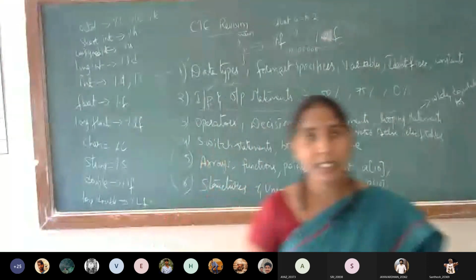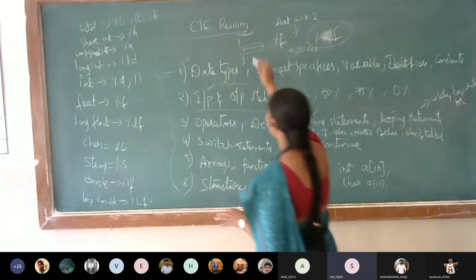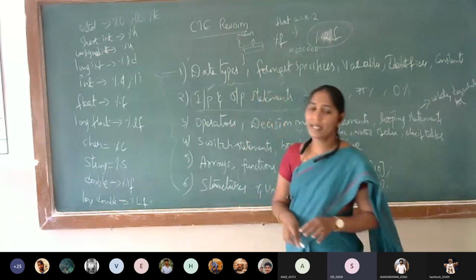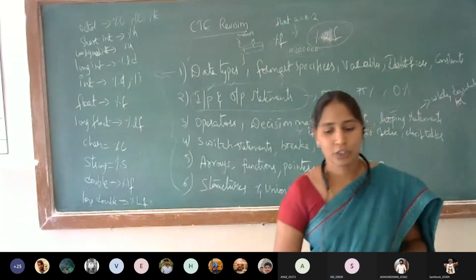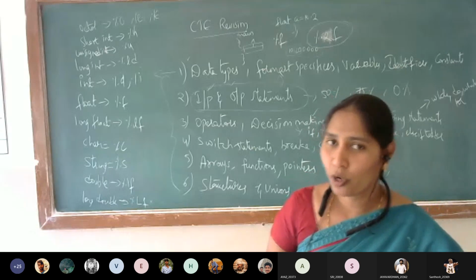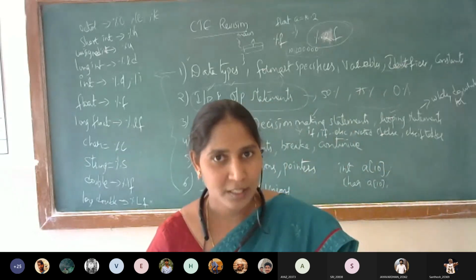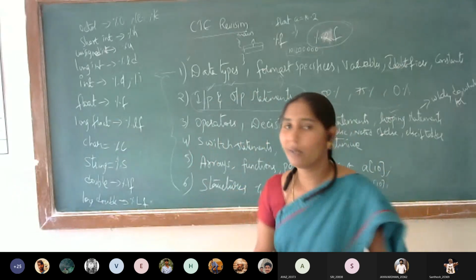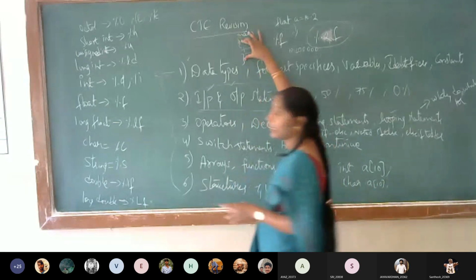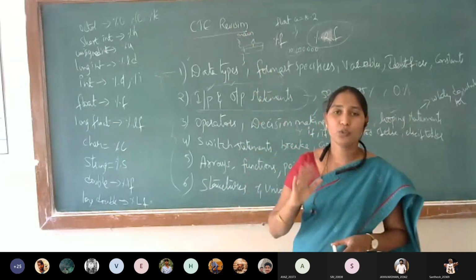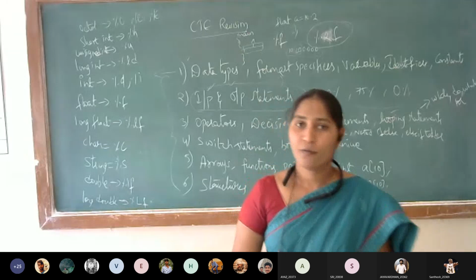In the declaration part, what variables are we declaring here? Local variables. Yes, they are said to be local variables. That means we are going to use those variables only in this particular main function. We can't use them outside of that main function.